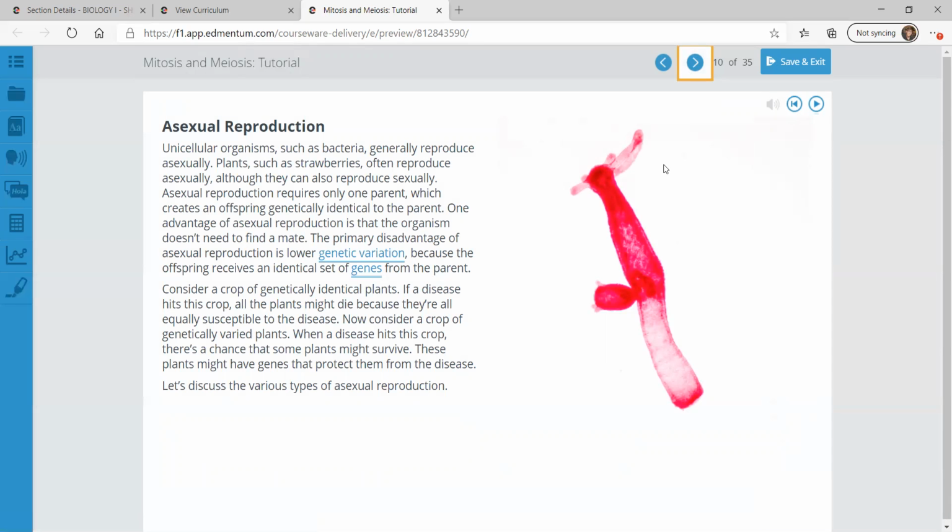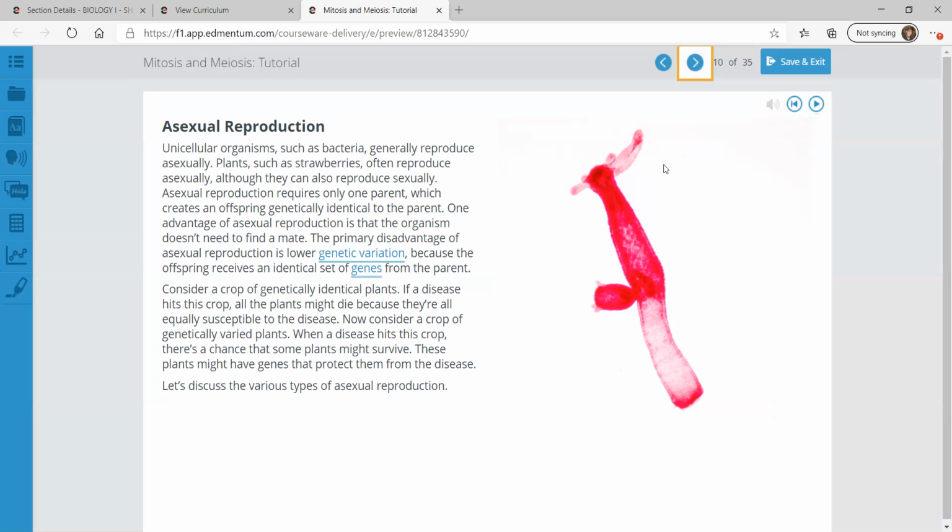So first, we have asexual reproduction. Unicellular organisms, such as bacteria, generally reproduce asexually. Plants, such as strawberries, often reproduce asexually, although they can also reproduce sexually.